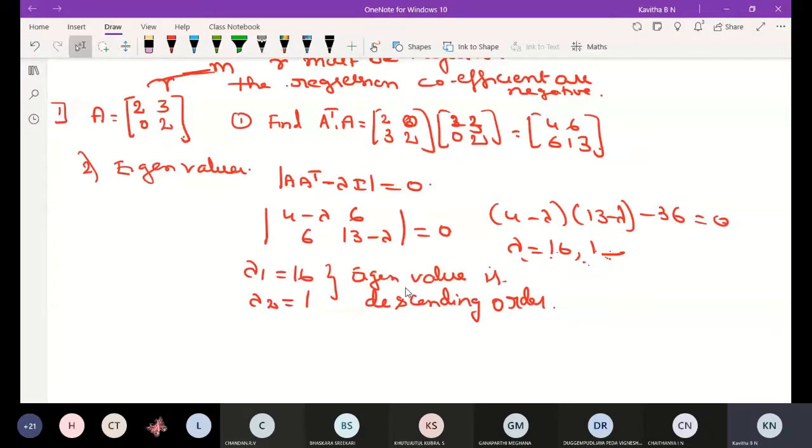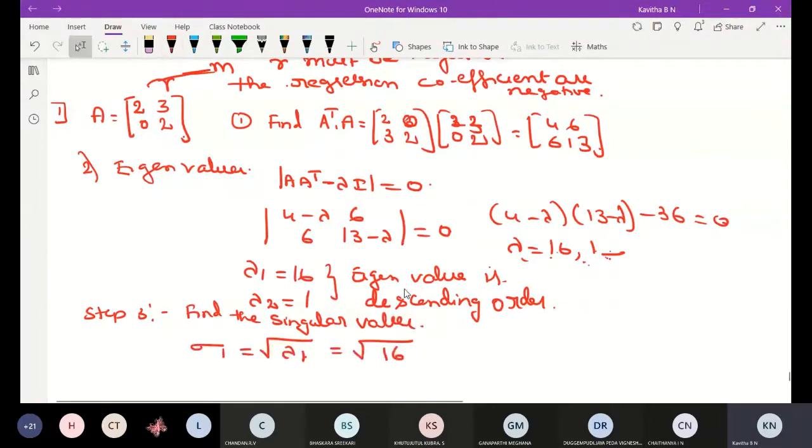Then next, step 3. Step 3 is what here? Find the singular values. Okay, means sigma 1 is equal to square root of lambda 1.